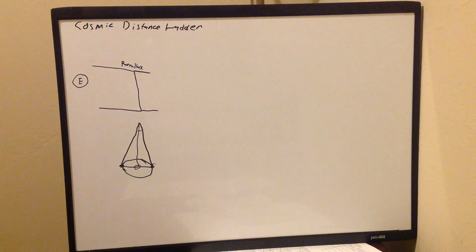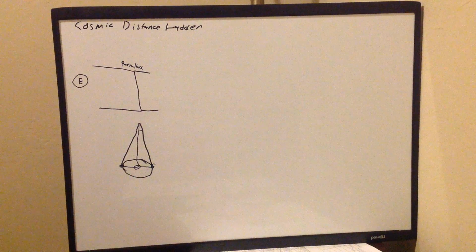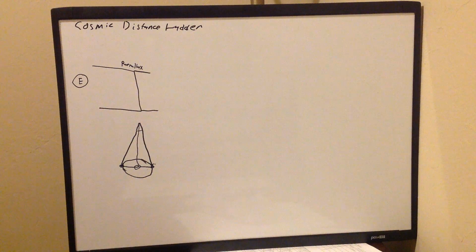But stars on the other side of the Milky Way, our own galaxy, have too small a parallax for us to use this method. So other galaxies and such are certainly right out. So, parallax, we've got our first method.